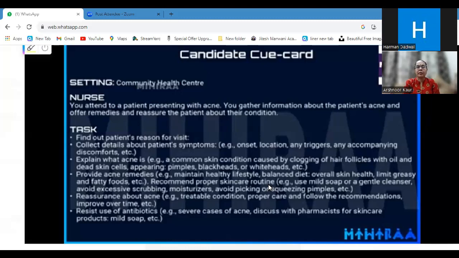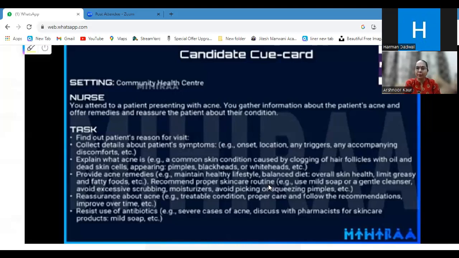Avoid greasy things or eat fat-free food, and you may add that avoid eating sugary contents. Second part, keep your skin clean and dry. Do not scrub it. Less use of moisturizer or avoid use of the moisturizer.